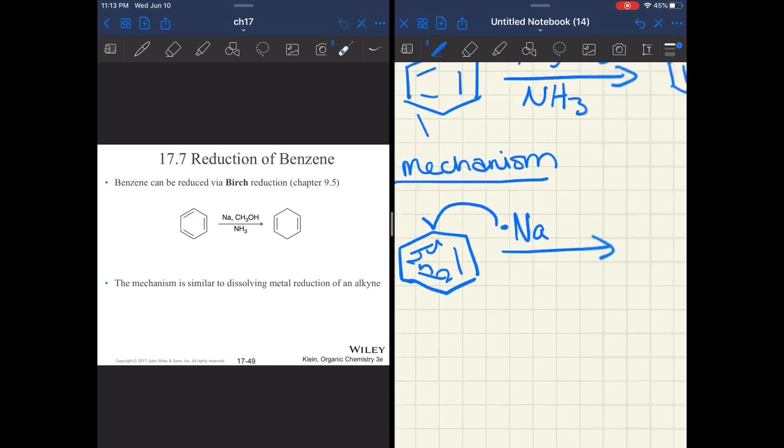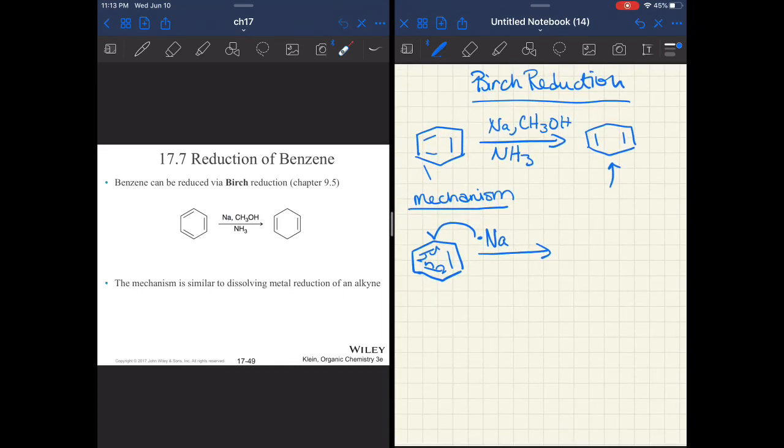There's 4 arrows there, and it makes a radical anion. So we wind up with those 2 up on top, new double bond here, radical at the bottom. As you might imagine, this is not particularly stable.